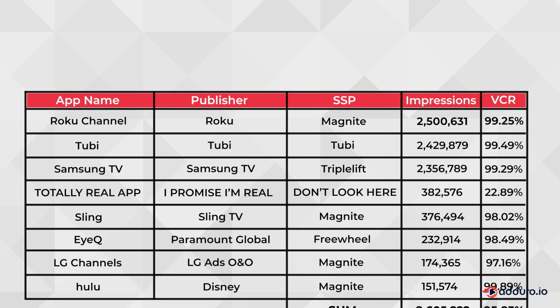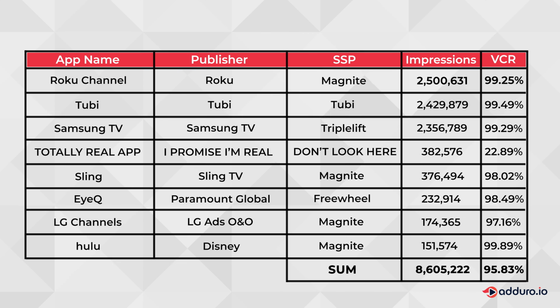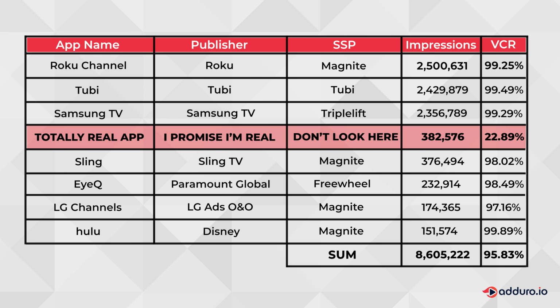However, it can be useful on a granular level to snuff out invalid or fraudulent inventory sources. Let me show you what I mean. Just look at this chart. On the surface, VCR looks amazing, but you scroll down and boom, 400,000 impressions from a source that's totally legit, yet the average still looks stellar.